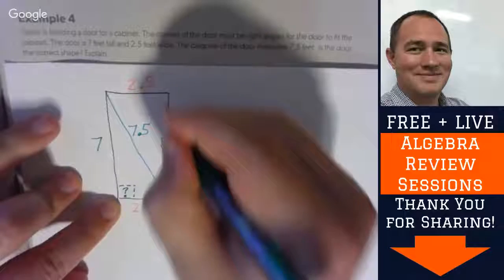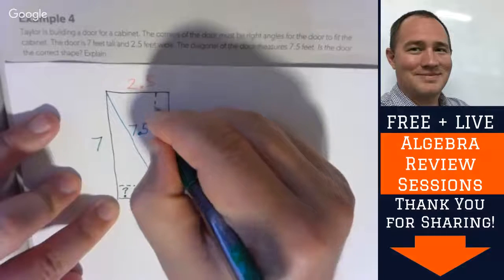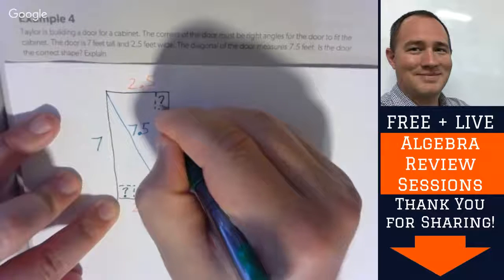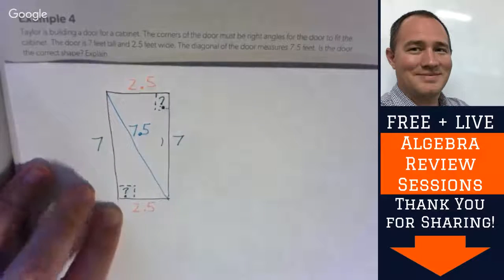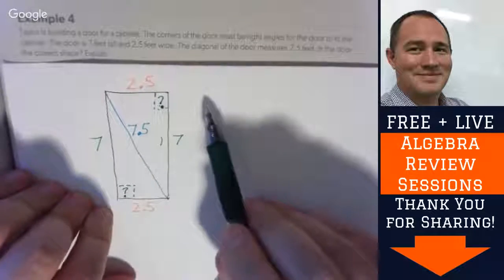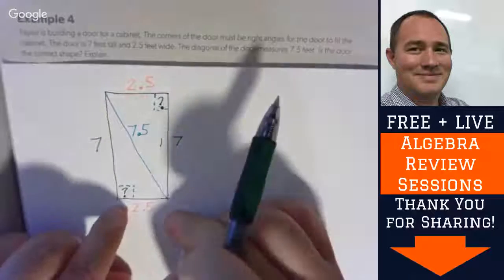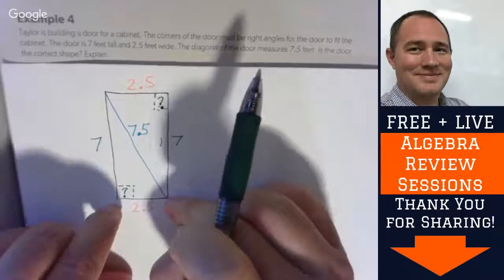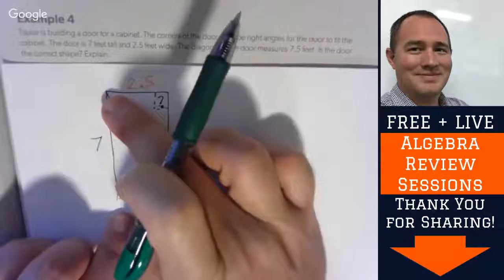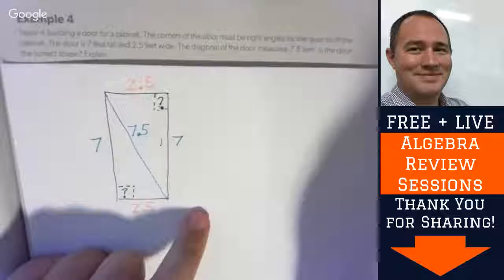And maybe put a question mark because that's ultimately what the question is asking. If these are, oh gosh, right angles, okay? So how do we do that? So I wanted to just show that the bottom dimensions, get in the practice of, it says it's 2.5 feet wide. It's also 2.5 feet wide up here, 7 feet tall. That side is 7 feet tall.